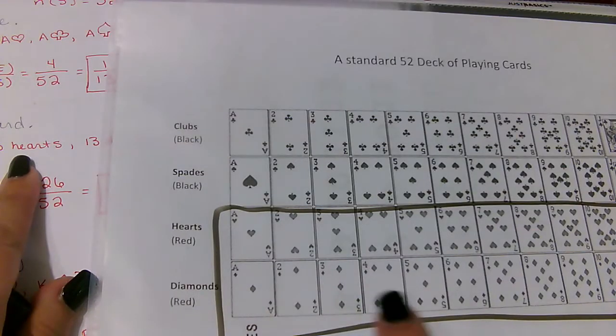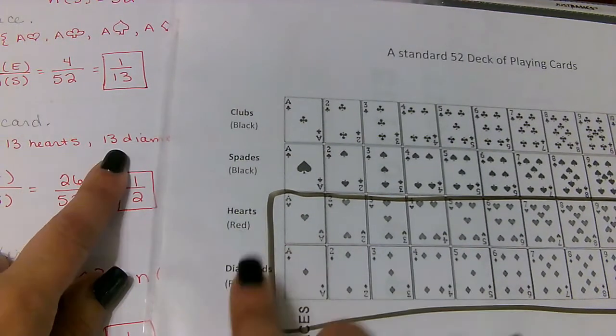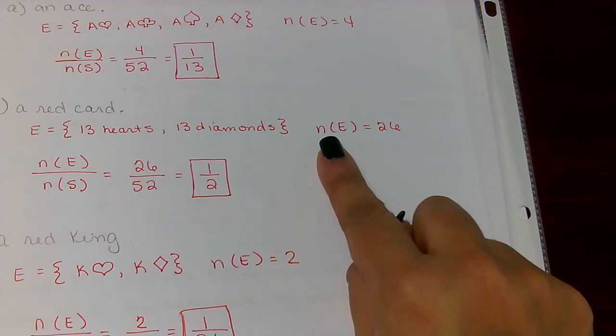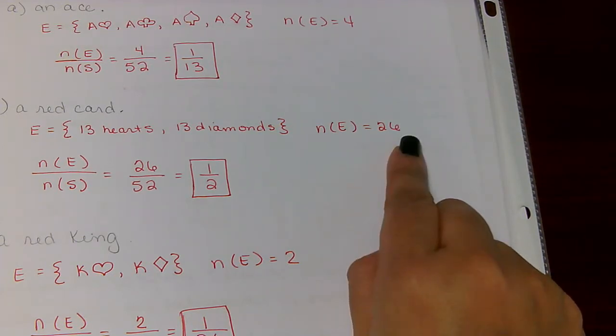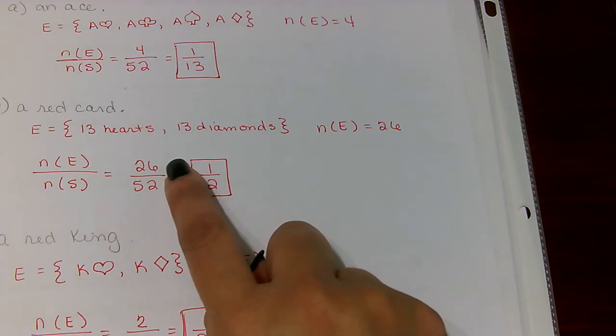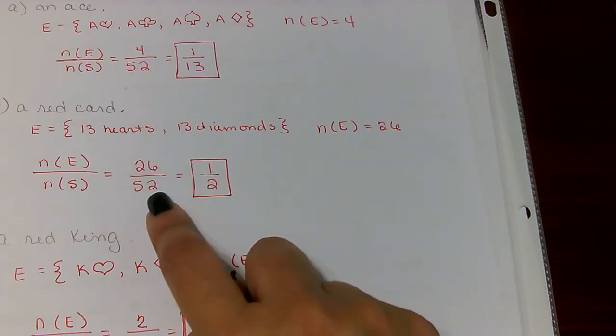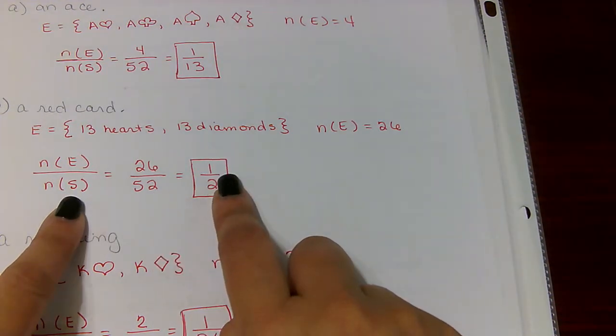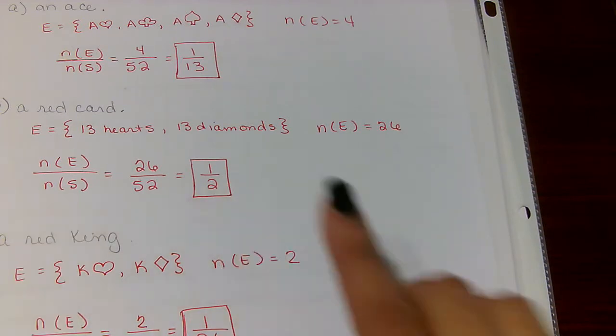In this case, we can have 13 hearts, or we can have 13 diamonds. That means the cardinal number for this event would be 26. The cardinal number of the event, 26, divided by the cardinal number of the sample space of 52, means that we have a 1/2 or 0.5 probability of getting a red card.